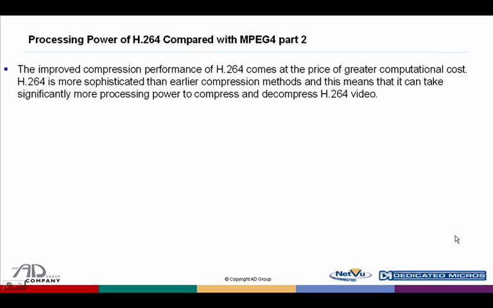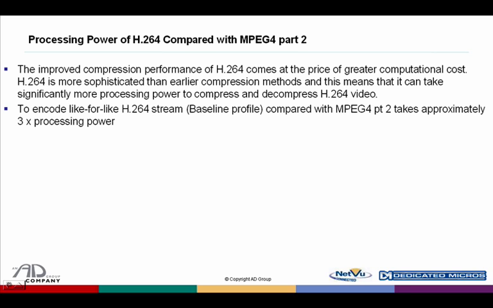H.264 is, as we've seen, a much more sophisticated and much more complex compression method, and so it's going to take significantly more processing power compared to MPEG-4 Part 2. To quantify that, to encode like-for-like streams of resolution and bitrate and so on requires approximately 3 times the processing power for H.264 compared to MPEG-4 Part 2, and that's only using the baseline profile of H.264.